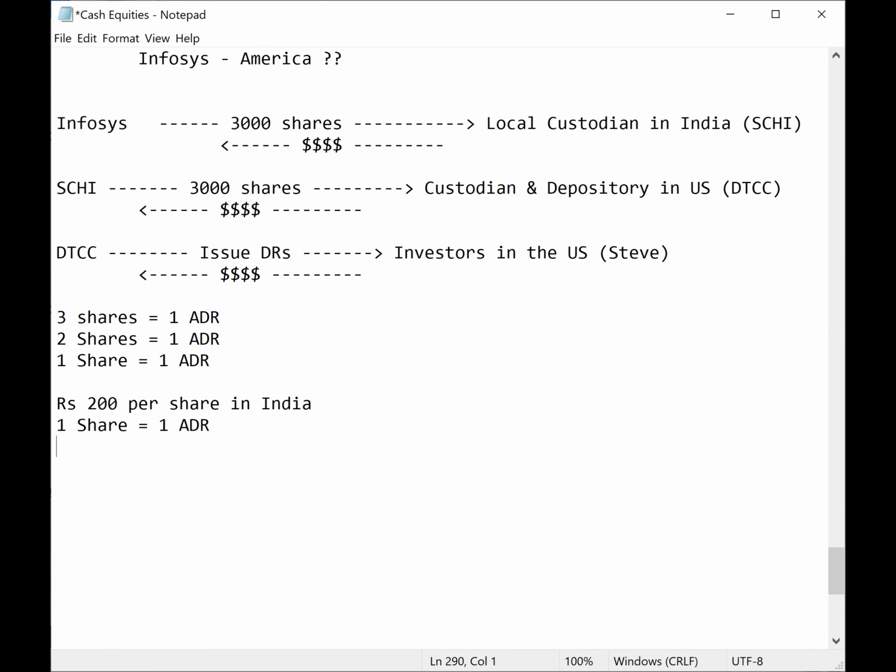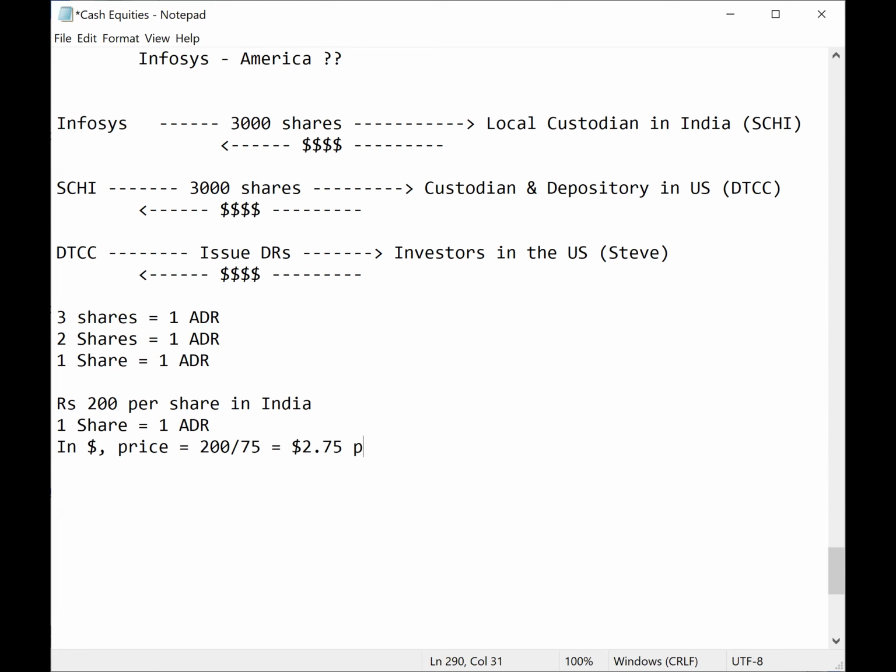That would mean in dollars, they will have a price of how much? 200 divided by 75 equals 2.75. Just check, guys. So that would mean the price is $2.75 per share.